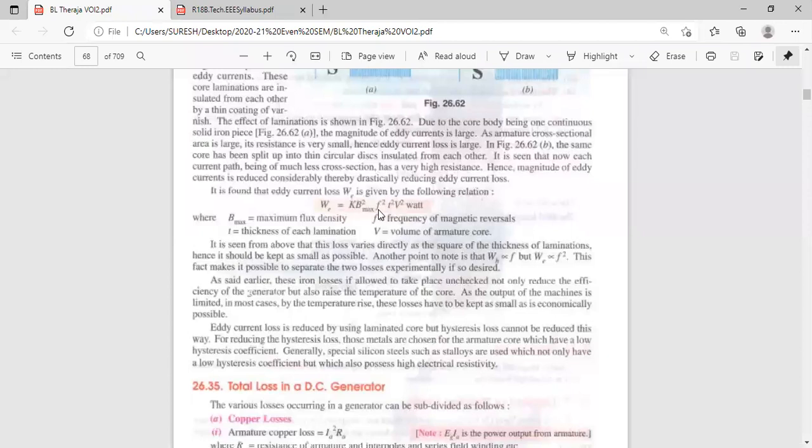F square. In the previous case, WH is proportional to F. But here WE is proportional to F square. Eta is constant, B is constant, T is constant, V is constant. Only variable in this formula is frequency. Therefore, WE, eddy current loss, is proportional to F square.